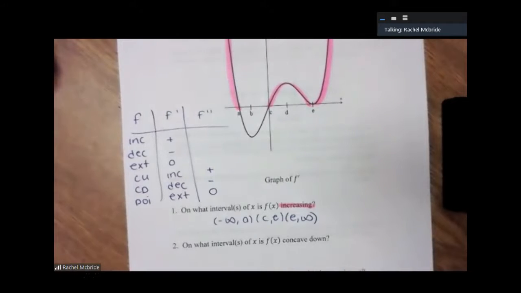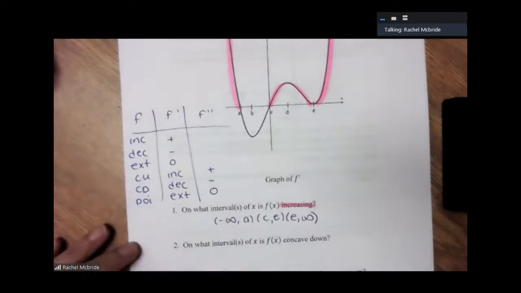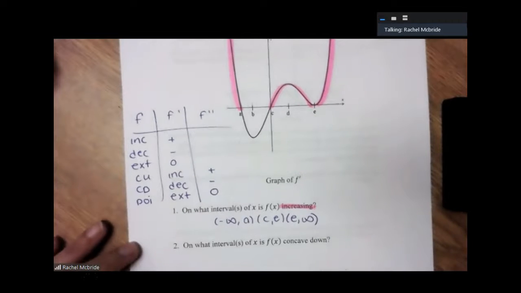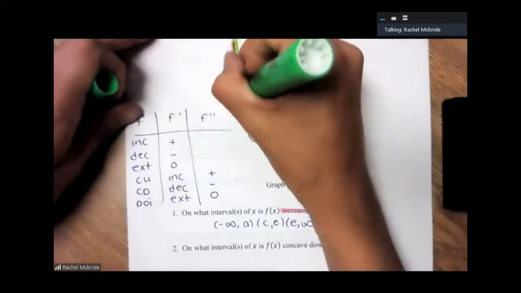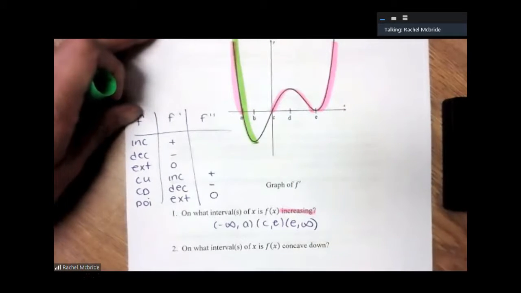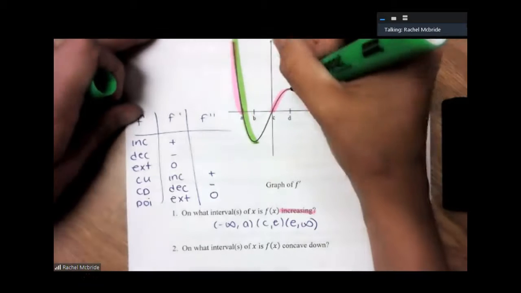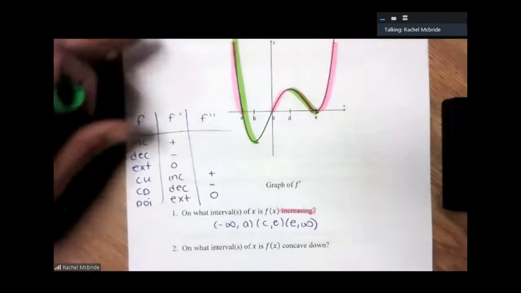On what intervals is f of x concave down? F of x will be concave down when f prime is decreasing. So f prime is decreasing from negative infinity to b and from d to e.